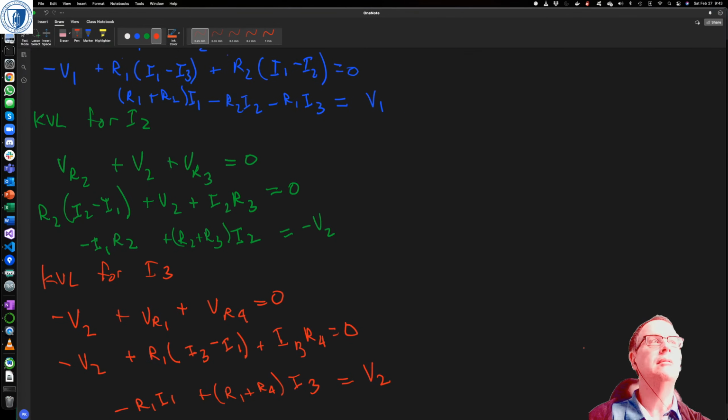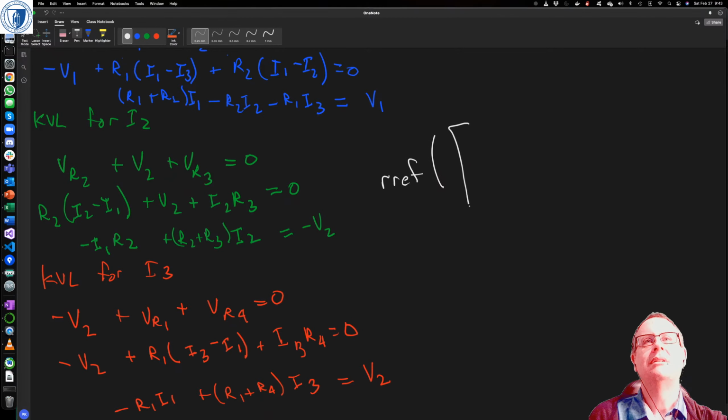So now we can put all of that into a, now remember what I'd suggest you do when you're writing this down is to remind me and to remind you about how you're going to use your calculator, if you're using calculators, is to write down RREF, right?